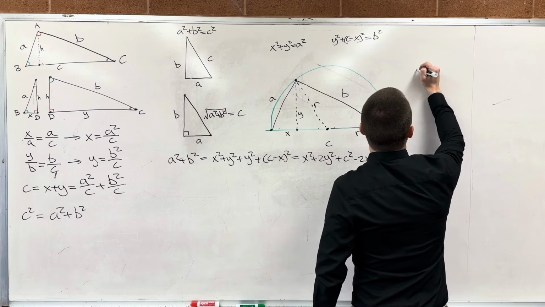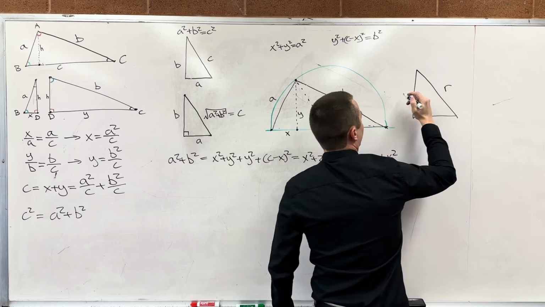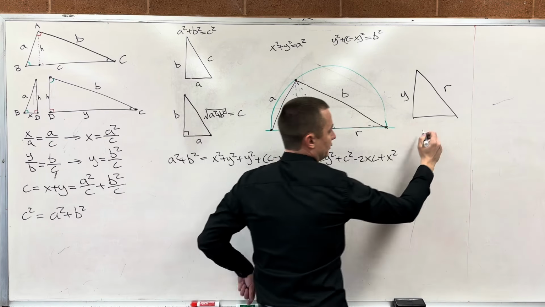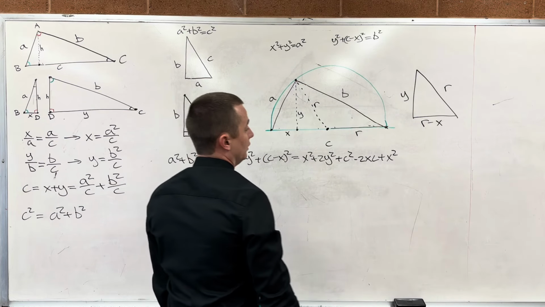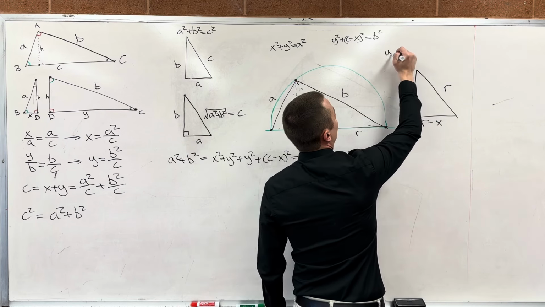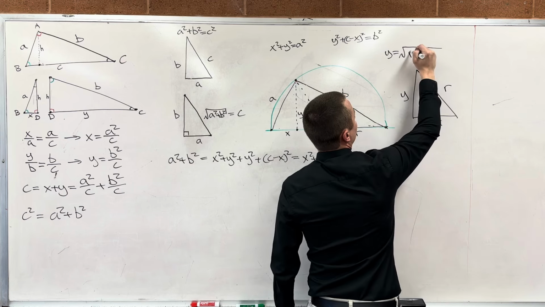Looking at this one, I have an R here, I have a Y here. Down here, this base is going to be R minus X, is how I could think about it. You see that? Yeah. And so, I know that this squared plus this squared equals that squared, or in other words, I know that Y is equal to the square root of this squared minus this squared.